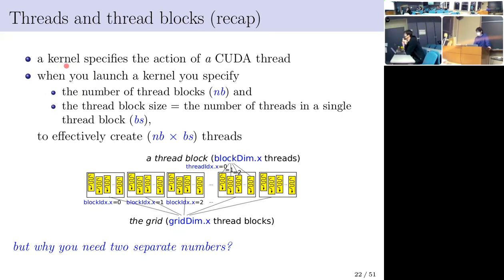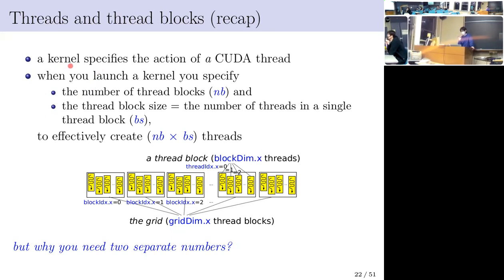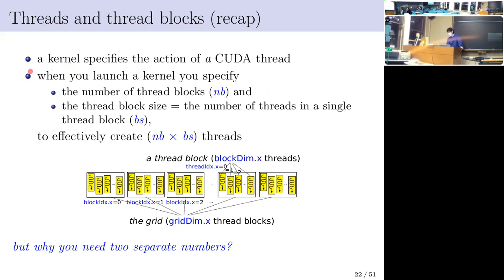So recall that a kernel, a function with this __global__ keyword attached to it, specifies the action of a CUDA thread, right? And you run this function using the awkward syntax I mentioned last week: triple less-than and triple greater-than.